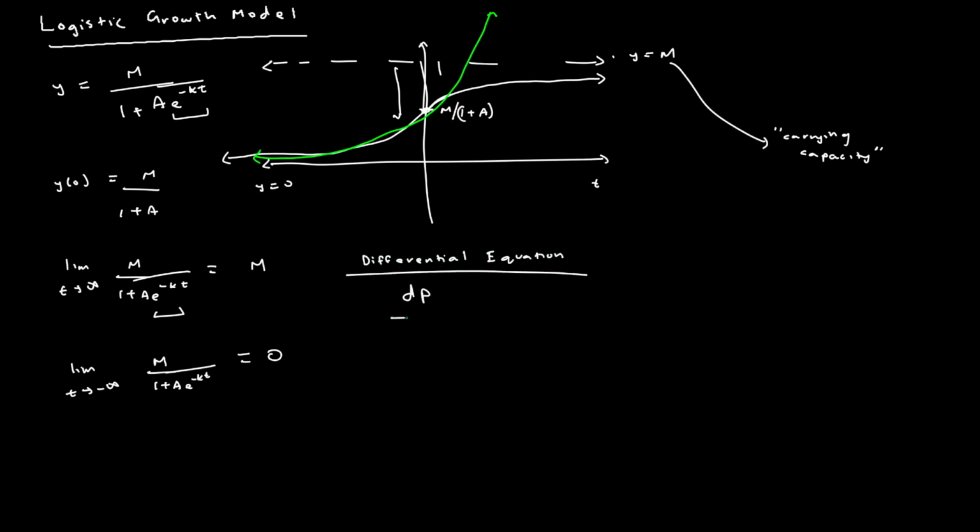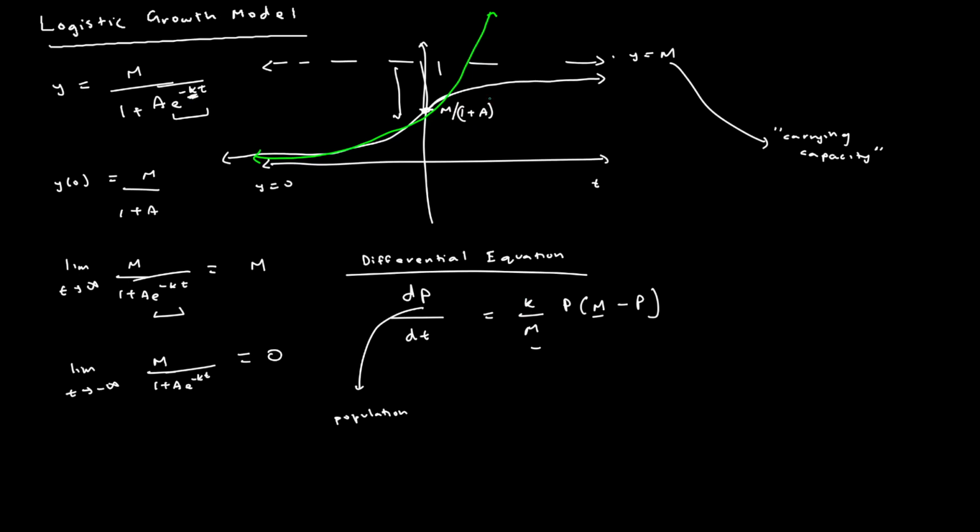I'm using P because we're just going to deal with population growth, so P is going to be population. dP over dt is equal to k divided by m times P times m minus P. So m is another constant and P is the only variable. k is also a constant that just determines the scale of how the function looks.